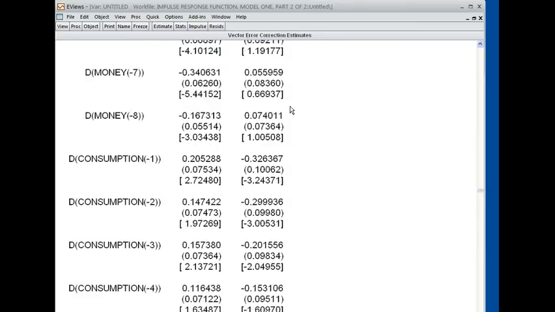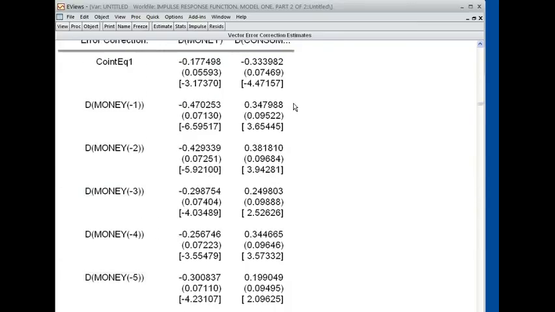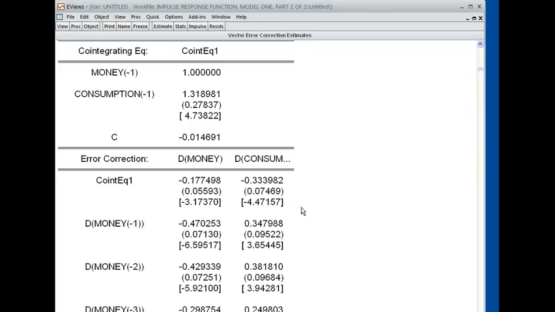We assume that this model has fulfilled all the assumptions of the regression line, meaning that in this VECM model there is no serial correlation, and the residuals are normally distributed, and so on.